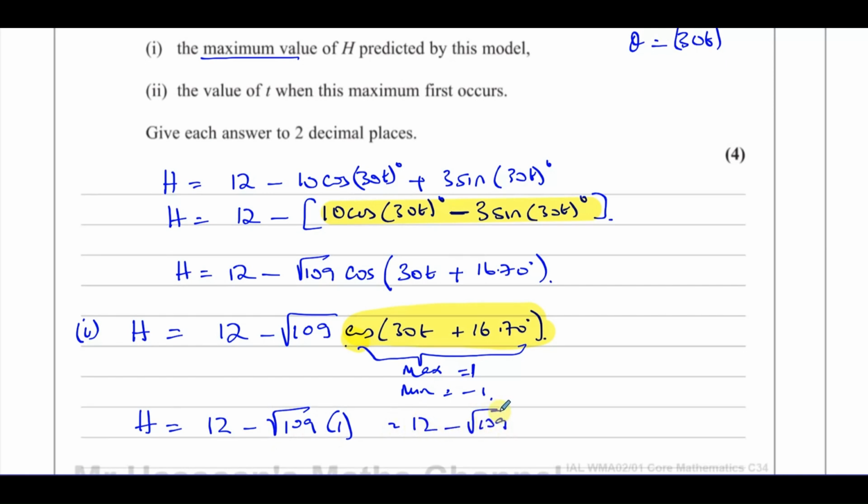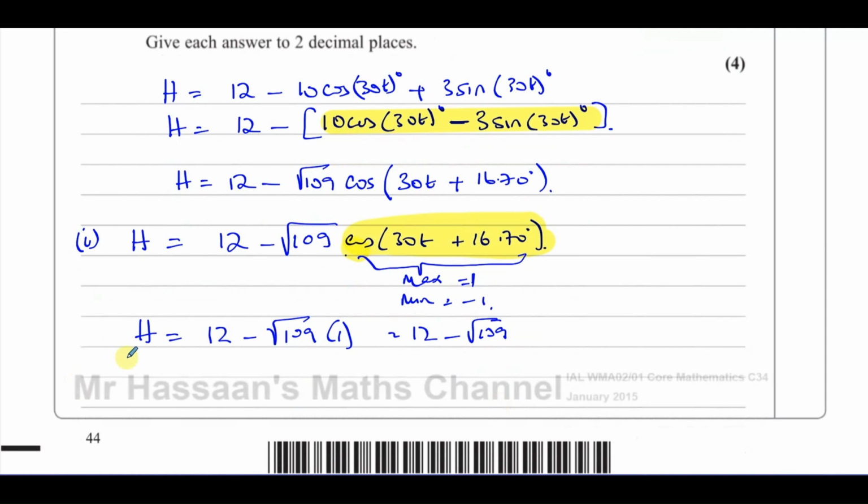Now, is that the biggest it can ever reach? Well, let's see. If you have 12 minus the square root of 109 times, now the smallest this can ever be is minus 1. Because this is being subtracted from 12, that will make it become 12 minus, which is plus the square root of 109. And that is bigger than that. That's the biggest it can ever become.